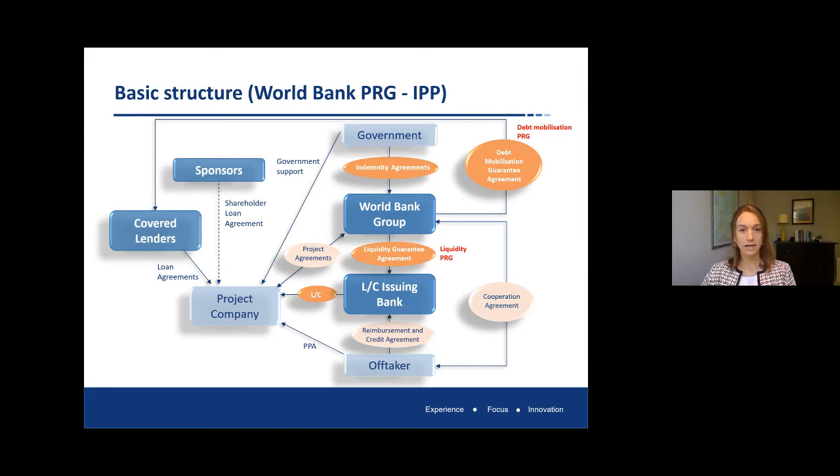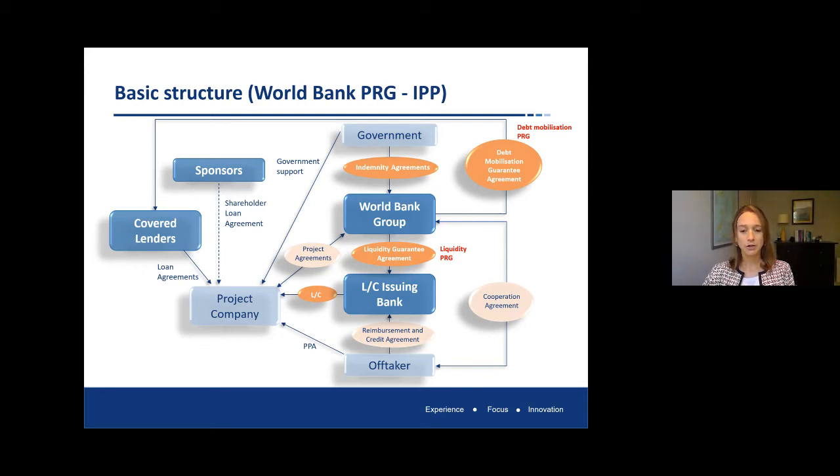So I think the one document we haven't yet touched on in this structure is the indemnity agreement, or in this case, the indemnity agreements. There's a lot we could say on these agreements. They are slightly unusual in form. They don't contain a governing law clause, for example.